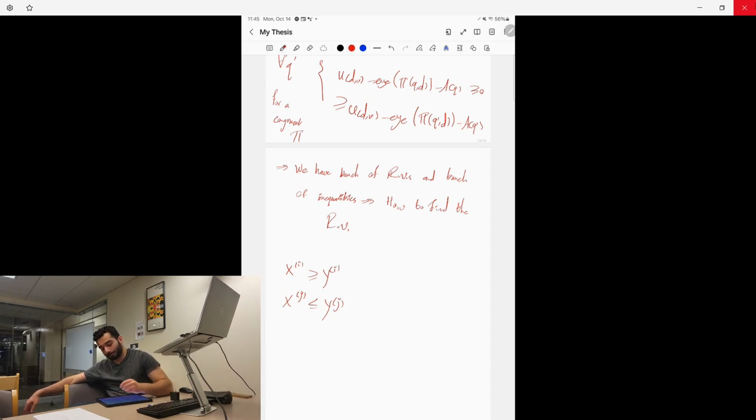Simple, the simplest case. x and y are RVs.